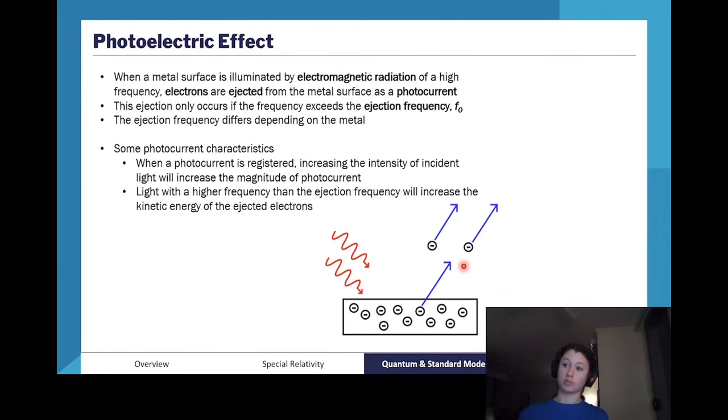They might jump up an energy state, which we'll get into when we cover the standard model and the rest of quantum, but not quite enough to ionize the atom altogether and jump completely out of the atom. Only enough to maybe get it an energy state or two up away from the nucleus.